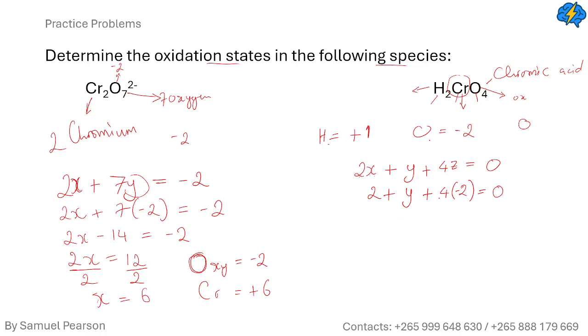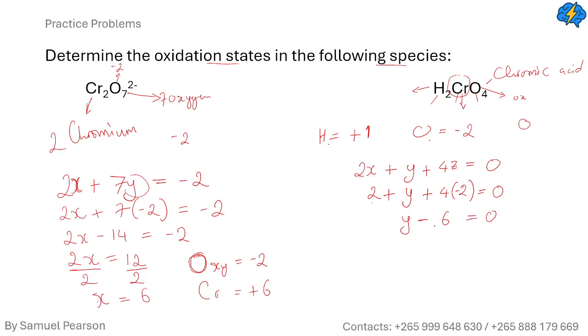Negative 2 times 4 is negative 8. Adding negative 8 and positive 2, the overall equation is y minus 6 is equal to 0.